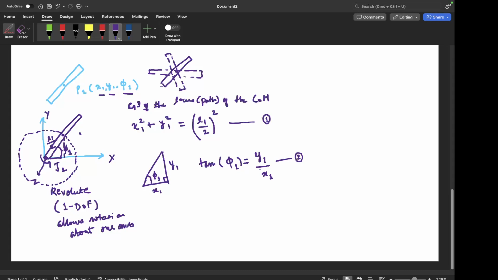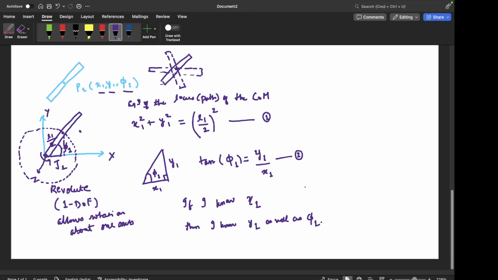So now if I know x1, then I know y1 as well as phi1.